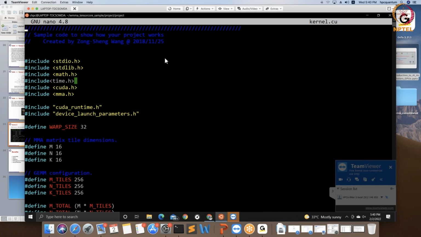So this is a sample program which talks of trying to use something which is called WMMA. So this actually means warp matrix multiply and accumulate. So the idea here is you are trying to use these matrix tile dimensions.